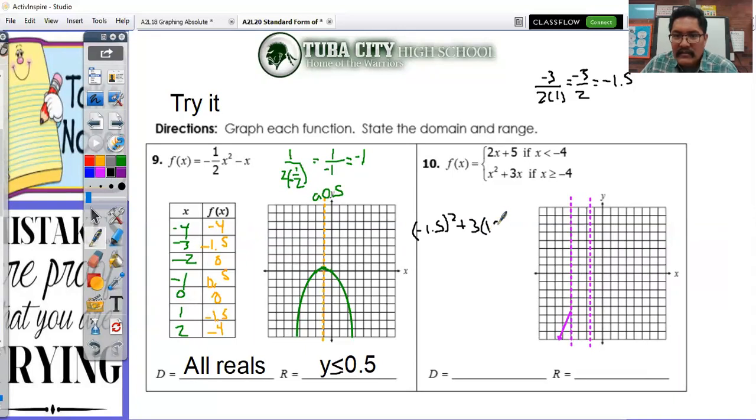So in this case, 3 times 1.5, and that's all it gives me. So 1.5 times 1.5 is going to be 2.25, plus 3 times 1.5, and that would be 4.5.